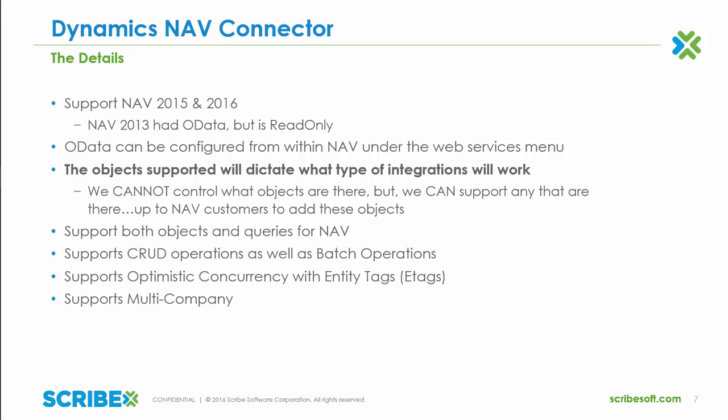So if you take our native OData connector and just point it at NAV, you'll get most of the same objects showing up, but there are certain things we had to take a little more effort to code in. This was one of them: you could only integrate with the default company with the native OData client. We had to add some logic in to make sure you can integrate with a multi-company approach.